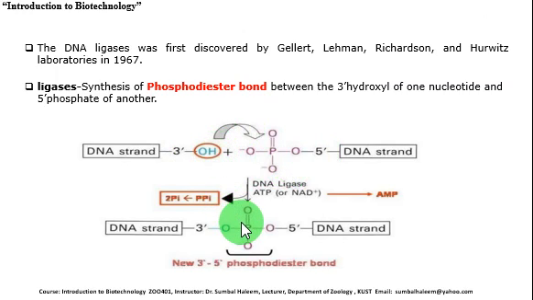Diester means two sugars are linked together with the phosphate group, using a cofactor as an energy source, ATP or sometimes NAD+. Thus pyrophosphate and AMP are liberated, and the synthesis of the phosphodiester bond is catalyzed by the DNA ligase enzyme.